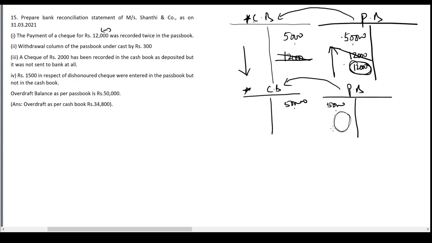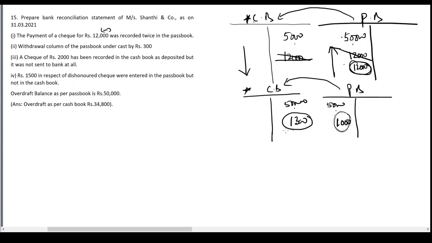Let us suppose the total was 1300. He has totaled it as 1000 only. So the real withdrawal is 1300, but this 1300 was totaled as 1000. That is the problem. Withdrawals of 1300 recorded in the cash book, properly totaled, but in the passbook those withdrawals have been recorded as only 1000.